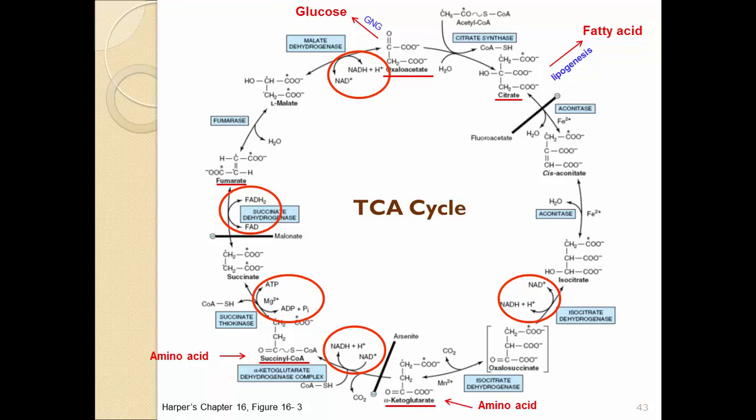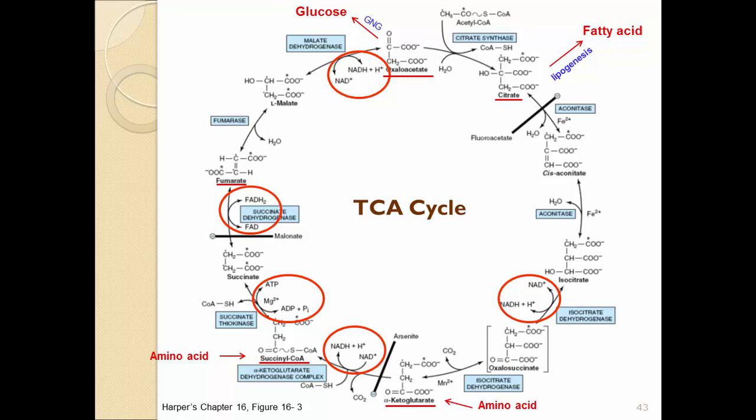So converting a non-sugar precursor to glucose. For example, glutamate can be converted to alpha-ketoglutarate, and then through all these reactions generate oxaloacetate.